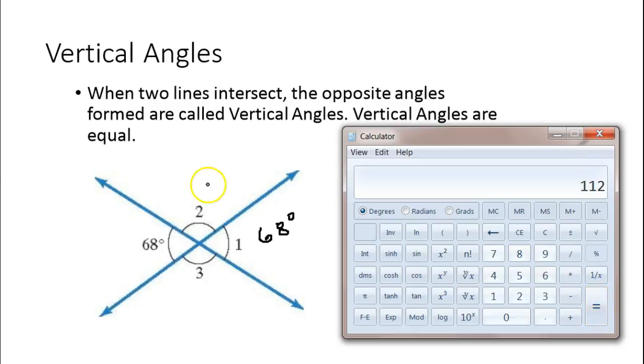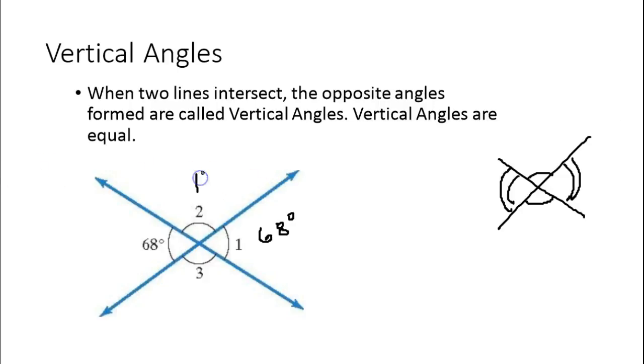So angle 2 will be 112 degrees. And of course, angle 3, I could say this is a straight line and supplementary to 68 degrees also. But now I know that angle 2 and angle 3 are vertical angles, so those are both 112 degrees.